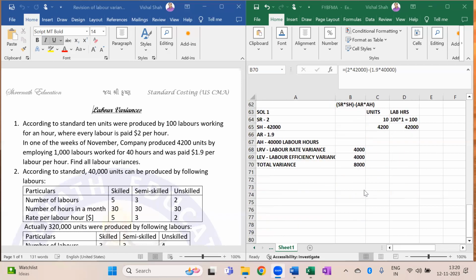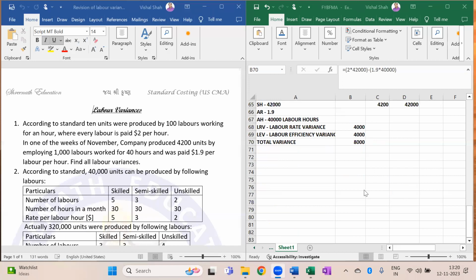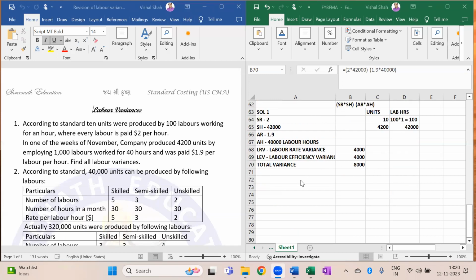Now, the second type, when more than one type of labor. I haven't considered a sum because I have never seen a sum, and let me tell you, it makes no sense.